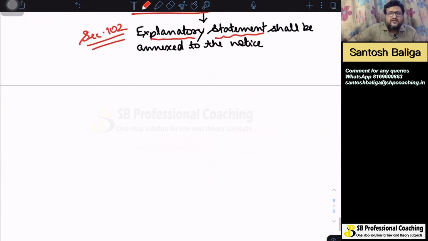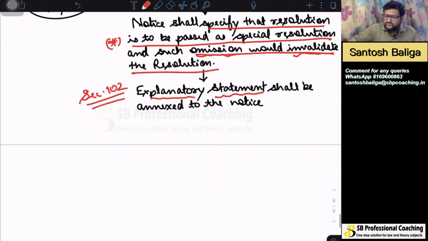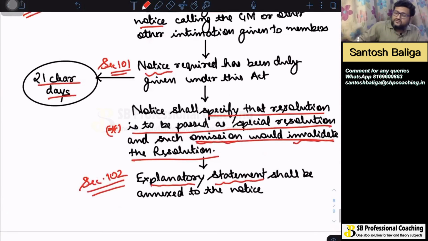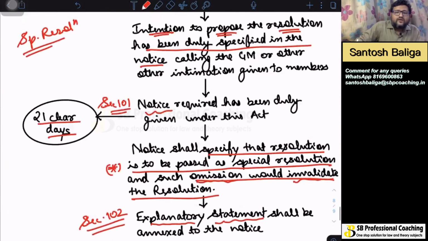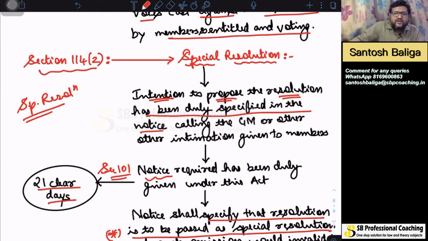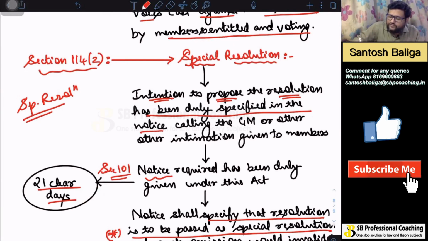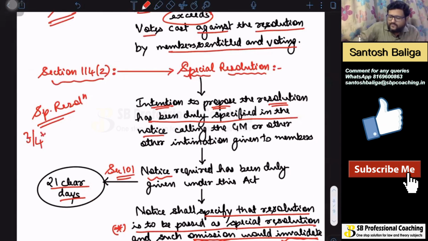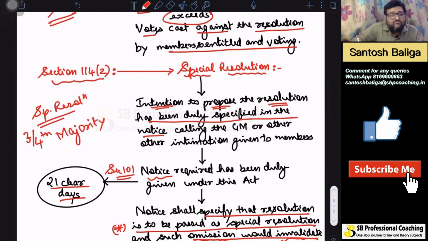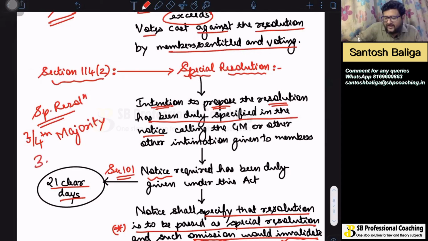So this is basically the process for special resolution. And in special resolution, you would require 3/4 majority. That is, the votes cast in favor are 3 times the votes cast against.